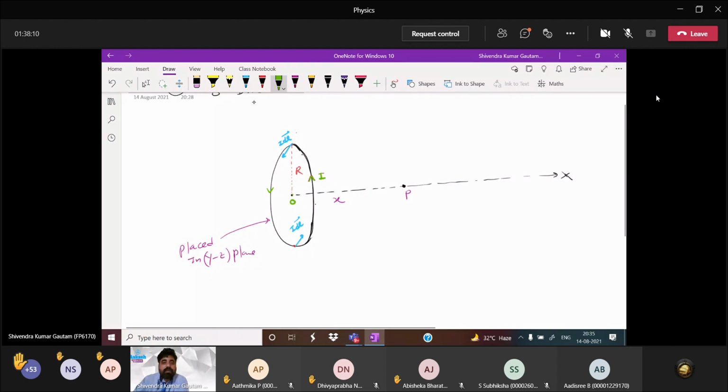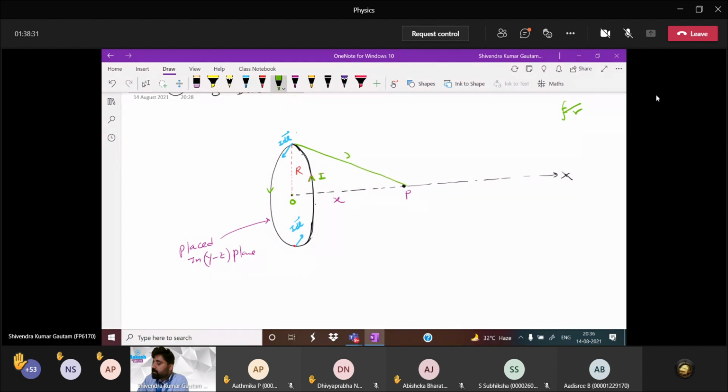This is from the current element to point P. Remember, the distance from the current element to point P, what have we taken? R, sir. So here we consider that this is the r vector.